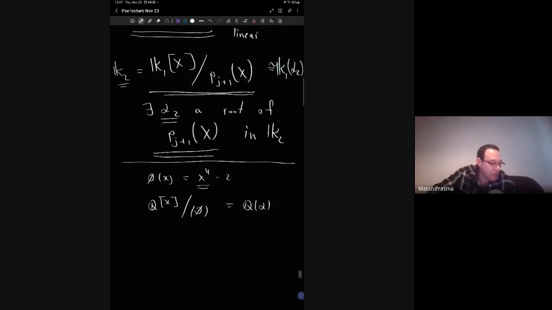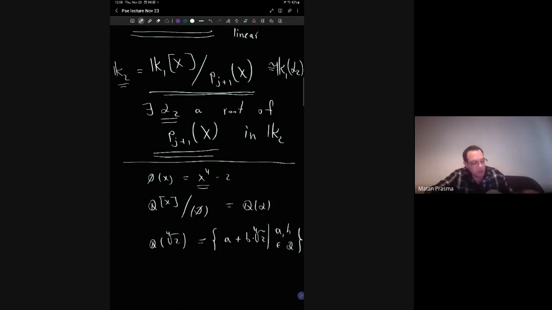Which one, I don't know. But let's say this is Q of the fourth root of 2, which you can describe as a plus b times the fourth root of 2, where a and b are rationals. You know how to add and multiply.